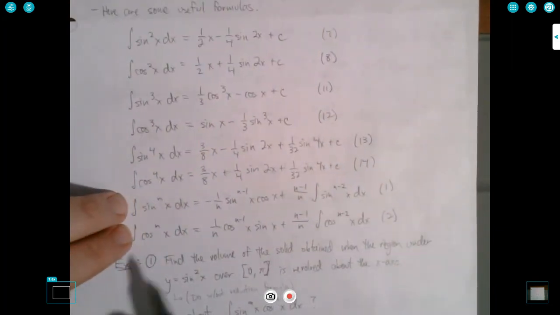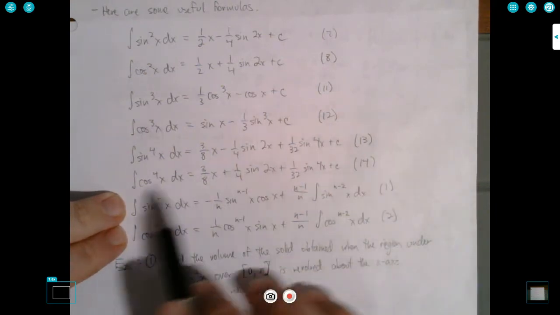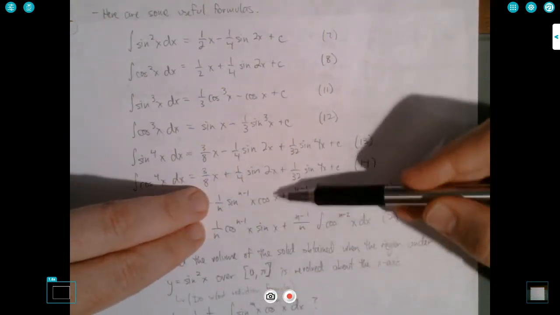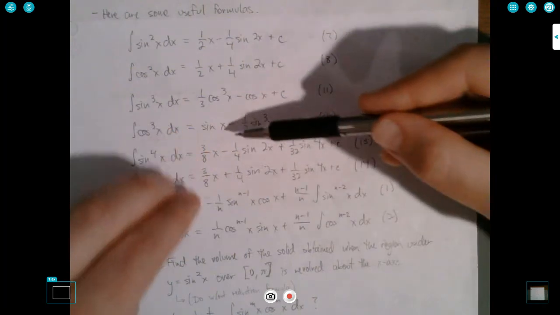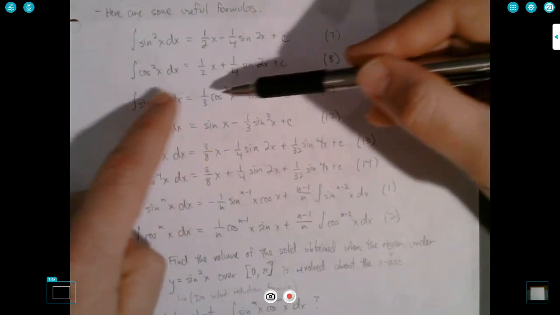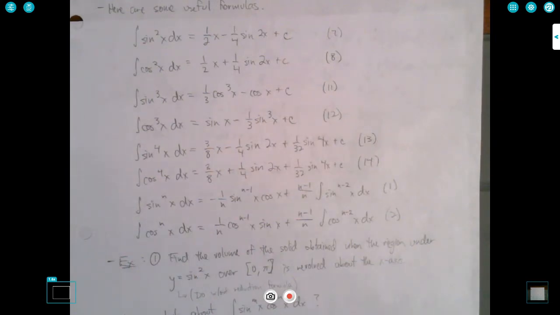And in general, you've got this. So let me say this about these formulas, right? In general, you've got this formula, which you might notice involves sines and cosines. And you might wonder, well, if I look at one of these up here, this is all in terms of sine, and this is all in terms of cosine. So why do I have these things? Basically, it has to do with trig identities.